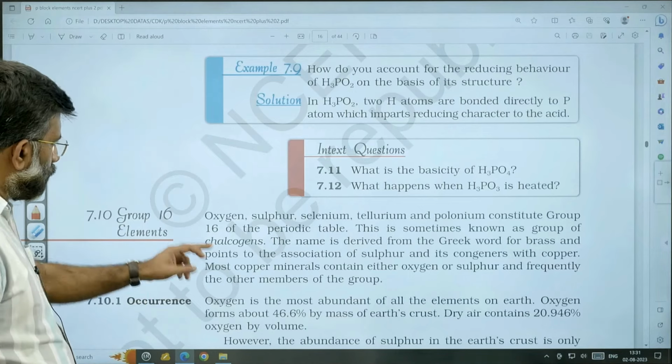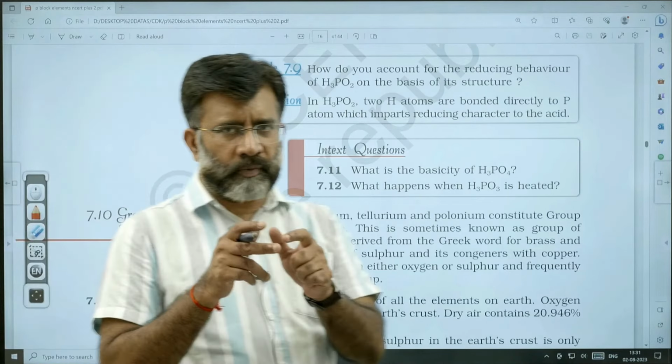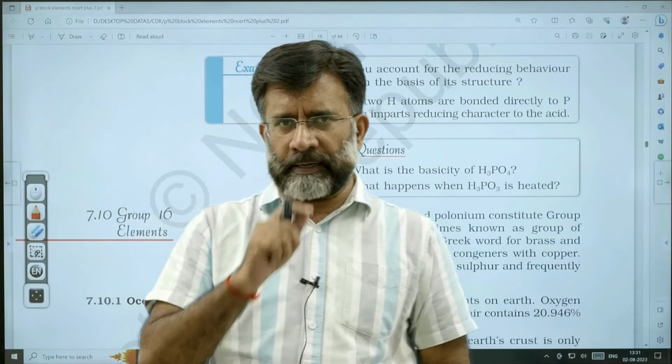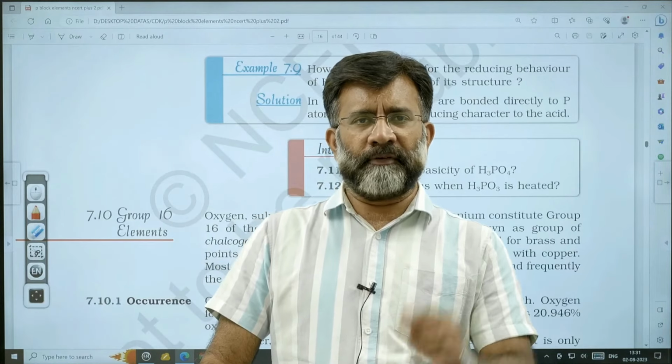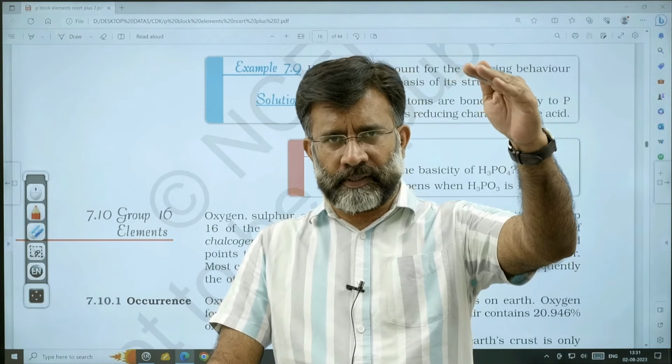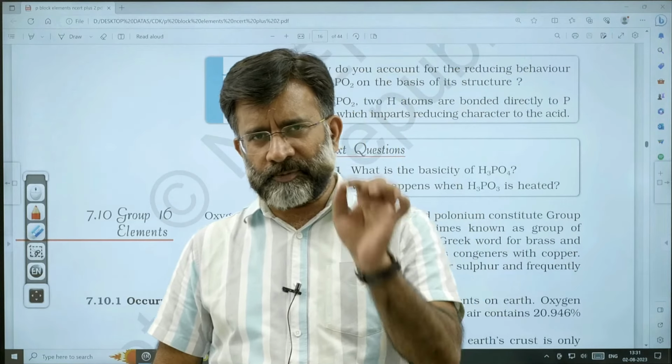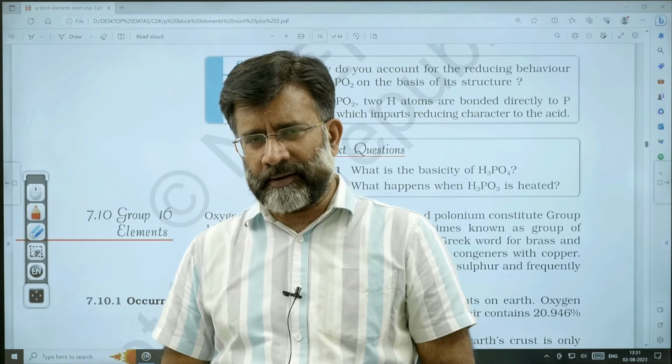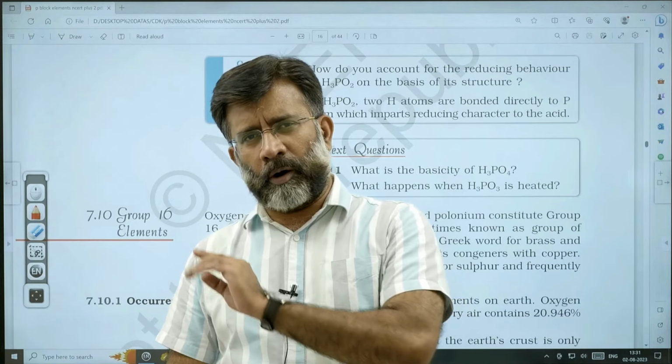And the next is group 16. So far it was group 15. What we have discussed is the fundamental idea starting, that is the general properties and all. We had a specific talk on hydrides, discussed for all the families.